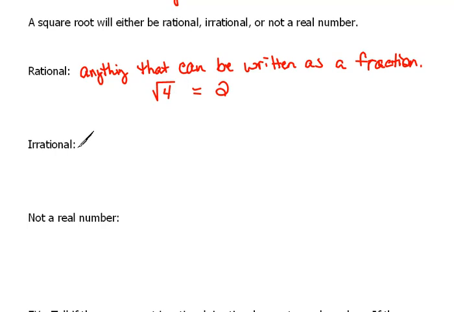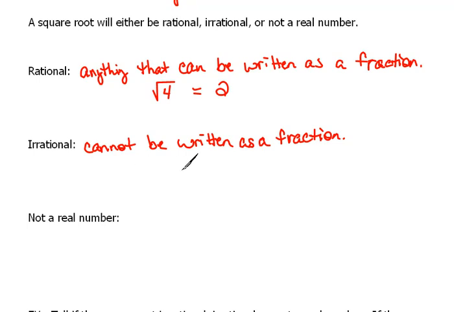Now, an irrational number, if you'll remember, is the opposite of a rational number. So this is things that cannot be written as a fraction. Don't forget this includes non-terminating and non-repeating decimals.